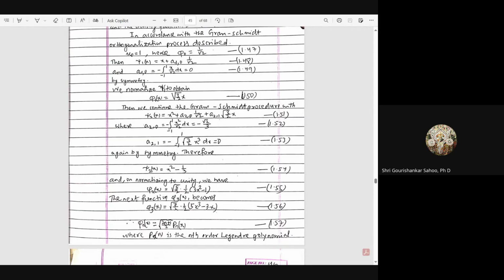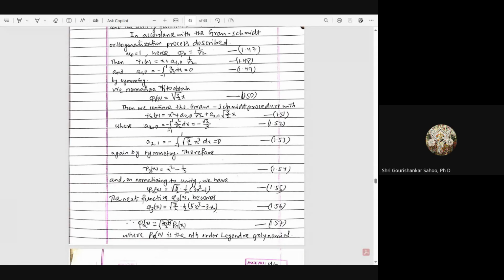Then we continue the Gram-Schmidt procedure with psi 2 equal to x square plus a20 into 1 by root 2 plus a21 root 3 by 2 x, where a20 is equal to minus root 2 by 3, and your a21 is equal to 0, and your psi 2 is equal to x square minus 1 by 3. So normalizing to unity, your phi 2 is equal to root 5 by 2 into 1 by 2 multiplied by 3x square minus 1.